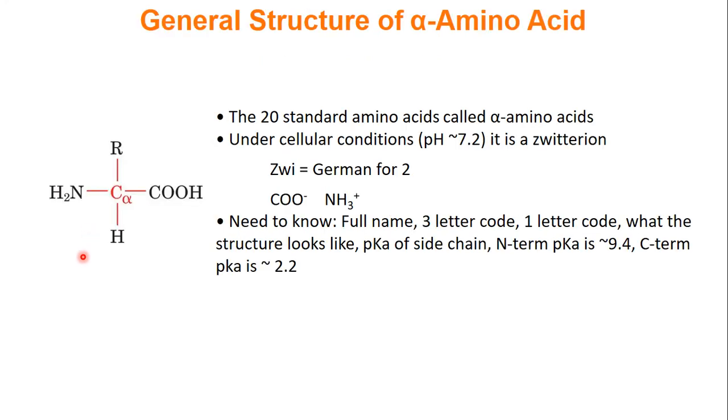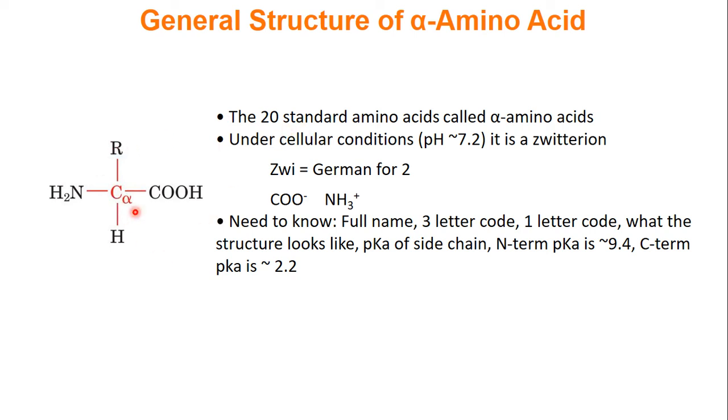Now, all amino acids have the same standard shape. They have an amino group connected to a carbon, which we call the carbon alpha, and they have a carboxylic acid group. And they also have an R group, where R is 20 different things, so R is different for each of the 20 amino acids.